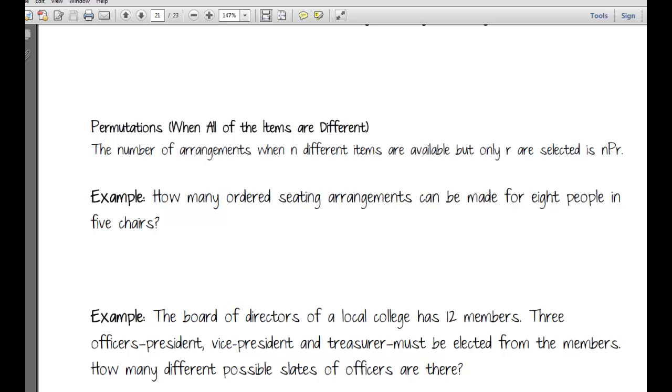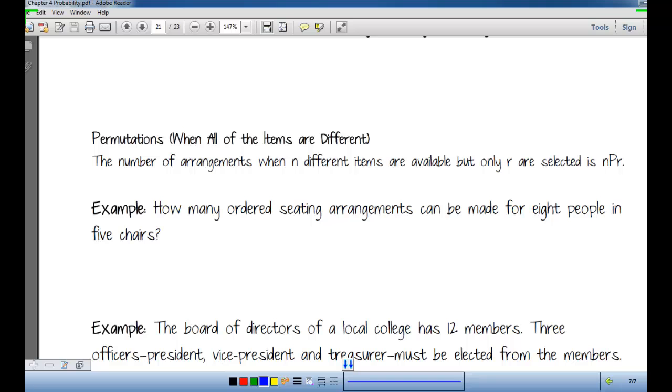We could write out the formula for permutations. nPr equals n factorial over n minus r factorial. That's already built into your calculator. So what you need to think is nPr, where n is the number of objects available and r is the number that we're choosing at a time.